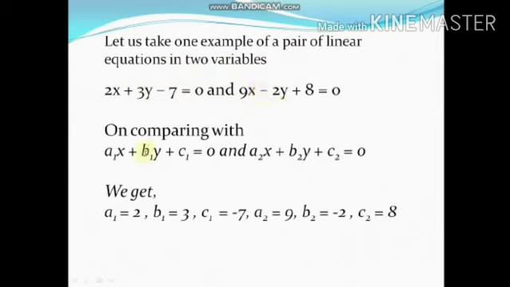When we compare this example with the general form, we can easily see, student, the value of a1 is 2, the value of b1 is 3 and the value of c1 is minus 7. The value of a2 is 9, the value of b2 is minus 2 and the value of c2 is 8.